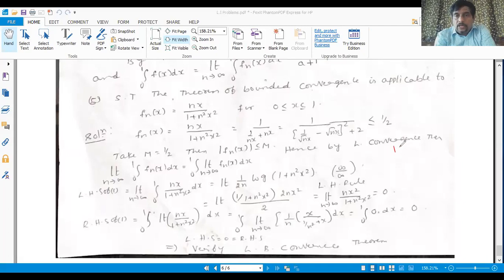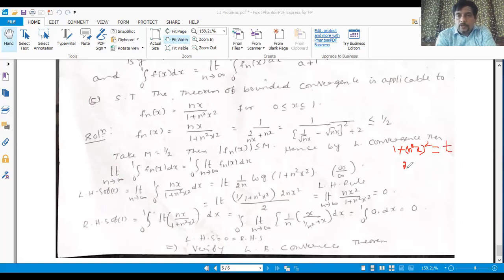Here, 1 plus n square x square, the whole thing, is equal to t here. Then what happens if you differentiate this?